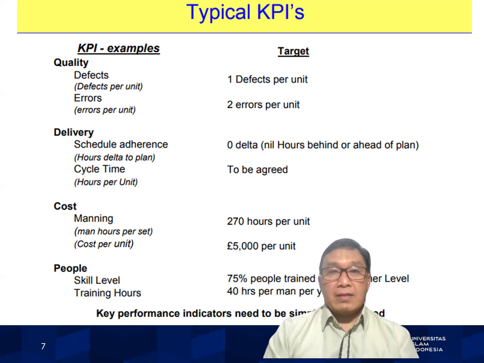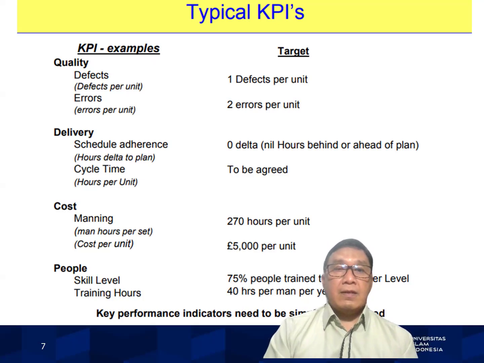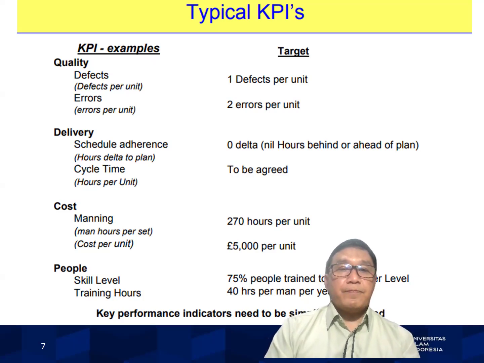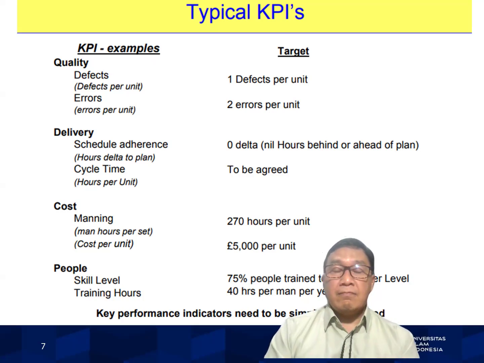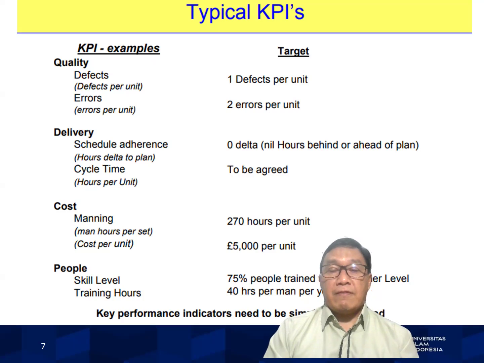Another example, like you see on the screen, defect per unit. One defect per unit is the target. Defect is the KPI variable. But how is it possible that there is one defect per unit? Not every unit necessarily has a defect.